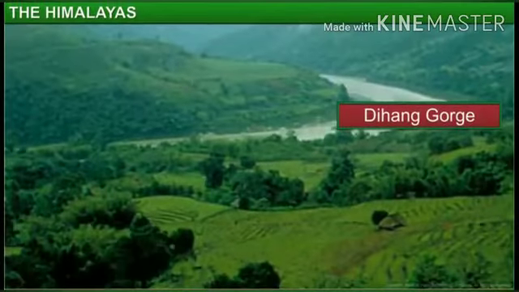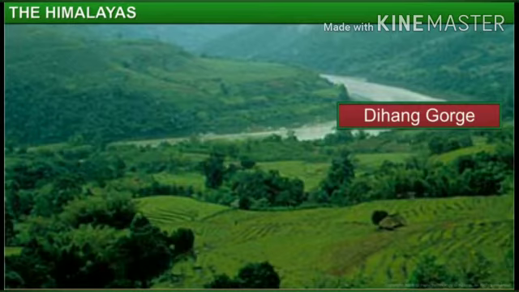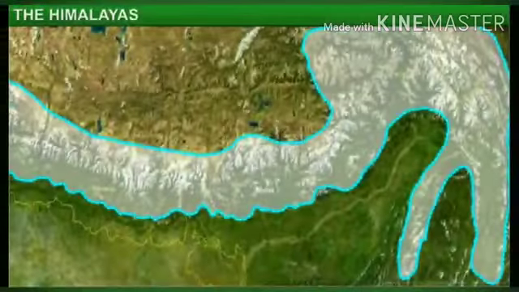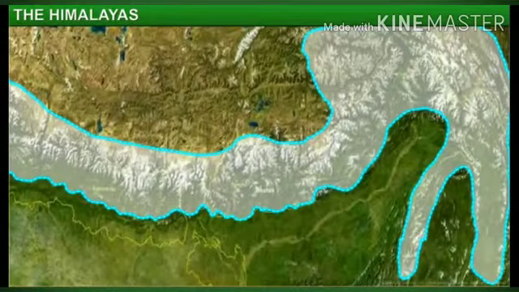One such valley is in Arunachal Pradesh, the Dihang Gorge. Beyond the Dihang Gorge, the Purvanchal hills dip sharply southwards and stretch out along the eastern borders of India. Thus, the Purvanchal hills extend from northeast India.